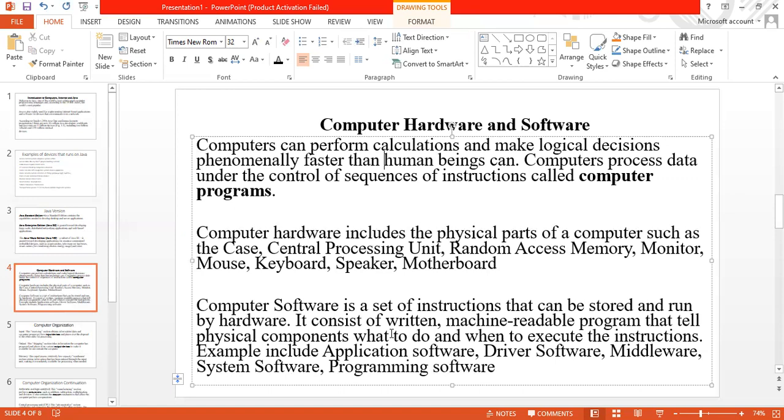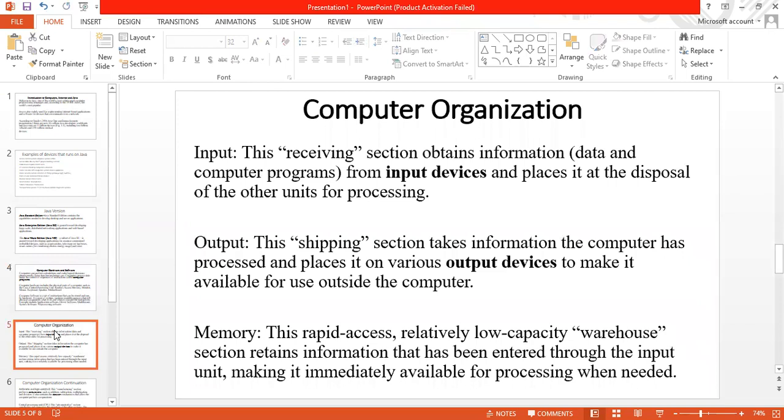And also we have the programming software. So the examples I gave are application software, driver software, middleware software, operating system, and also the programming software. Now, going forward, we have computer organization.